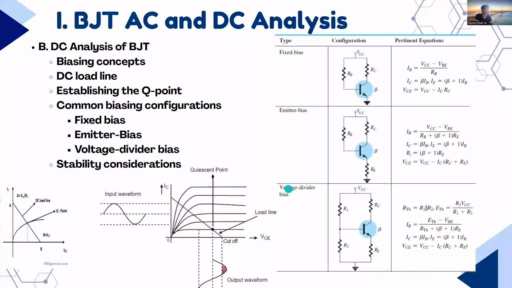Lastly, our voltage divider bias. So what is the voltage divider? From the word itself, there is a voltage divider in the circuit. We have R1, R2. This is the most widely used configuration.